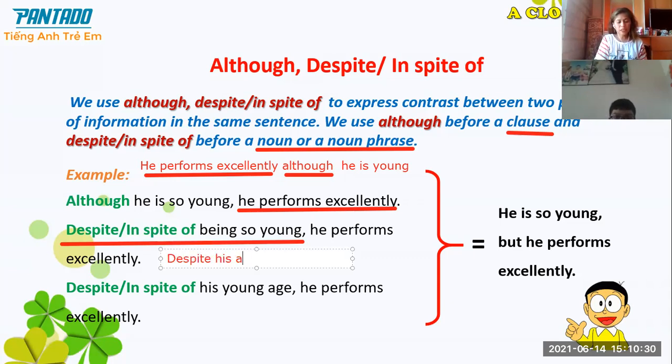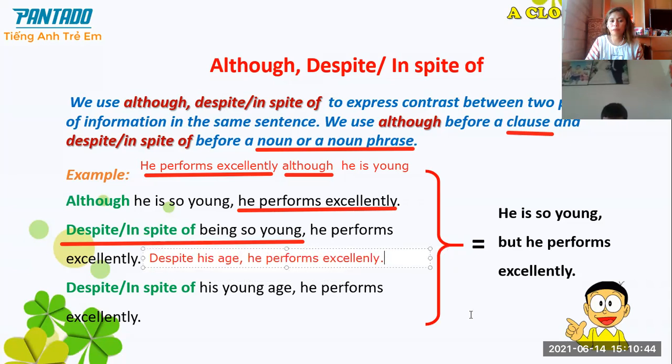Despite his age, he performs excellently. Can you see that, Tab? Yes. So it means he performs excellently despite his age.